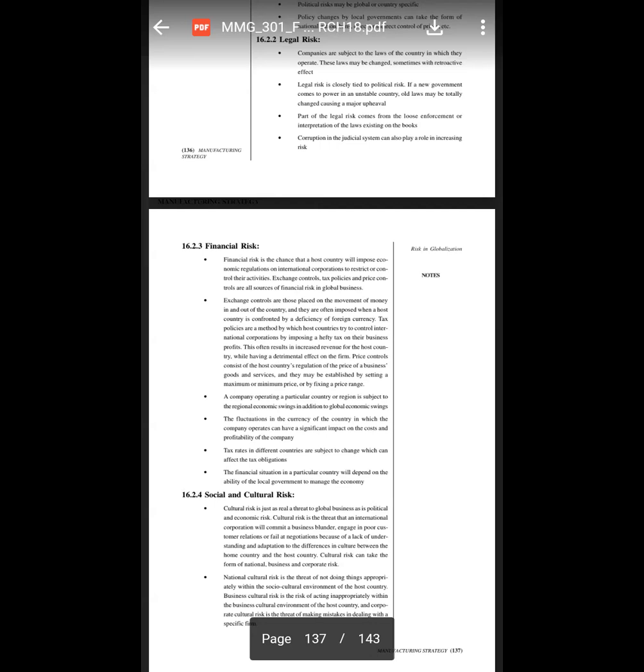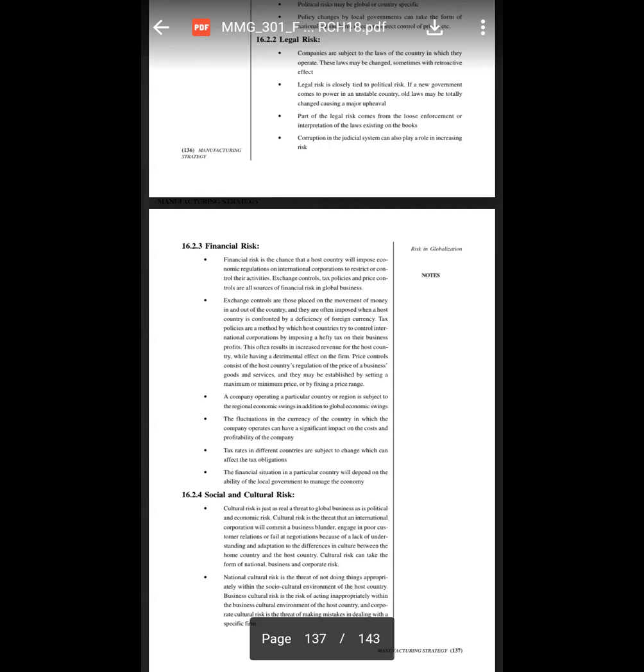You need to fulfill that also, because when you are supplying the goods from your country to other countries, there is some kind of import duty also, right? Export duty, and there are some kind of taxes in the form of tariffs.